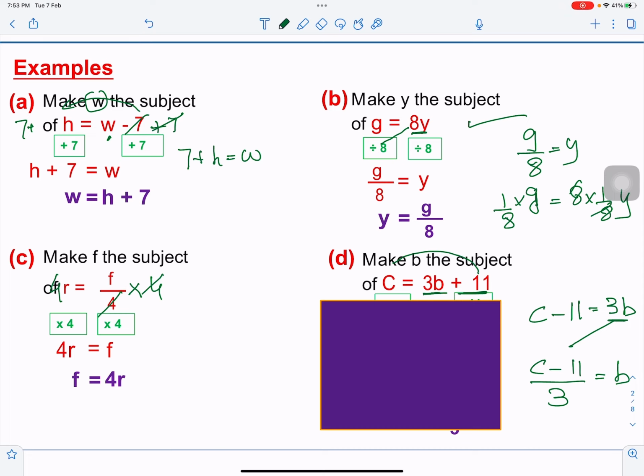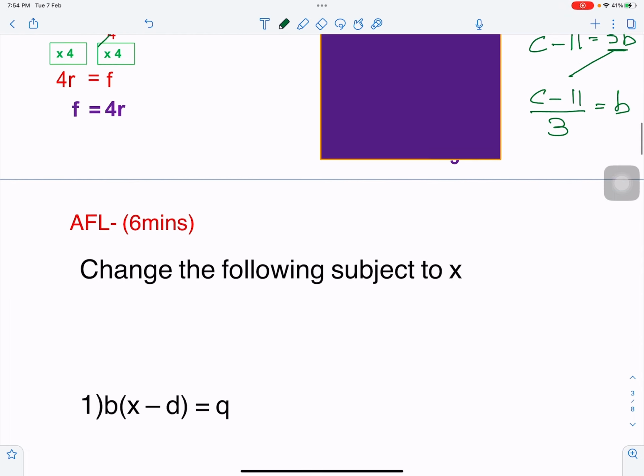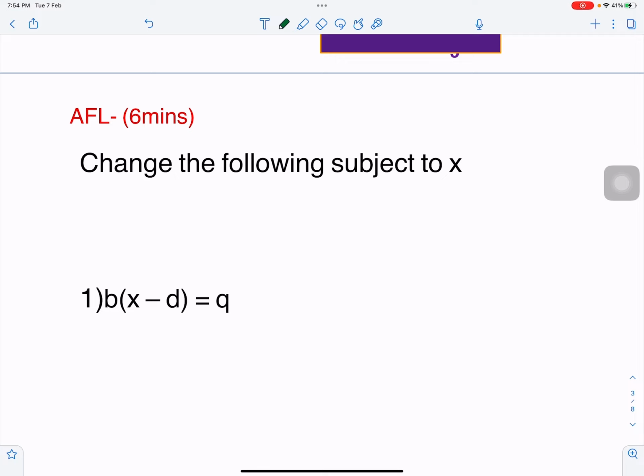Okay, so these were simple cases. Now let's go to the slightly complicated questions one by one. Here I have to make x the subject, which is present within the bracket. So whatever is outside the bracket needs to be removed first. Because b is multiplying, it will be x minus d equals q over b.